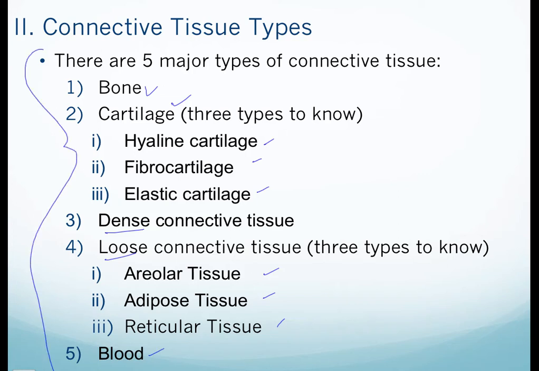You should know what they look like, so be able to recognize the appearance of each type of cartilage, each type of connective tissue, dense, and blood. So it's going to be hyaline cartilage, loose areolar tissue, loose adipose tissue, or loose reticular tissue. You can identify it as that. And then also the function. Okay, so we're going to go through each of those right now.